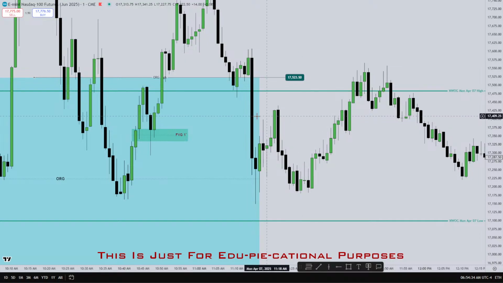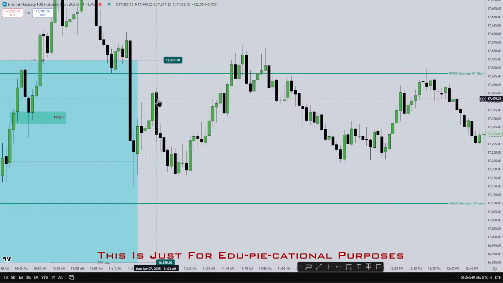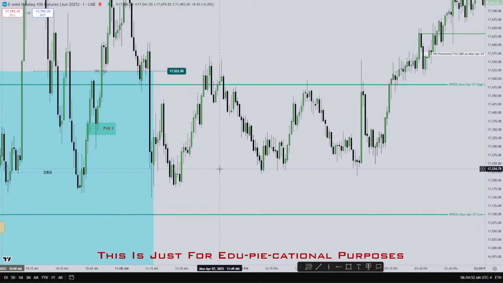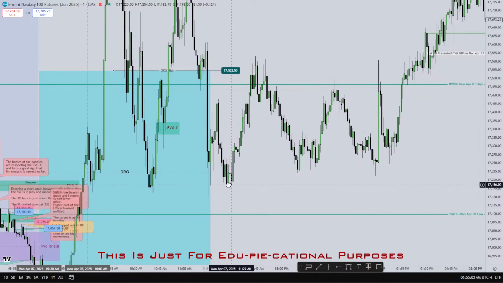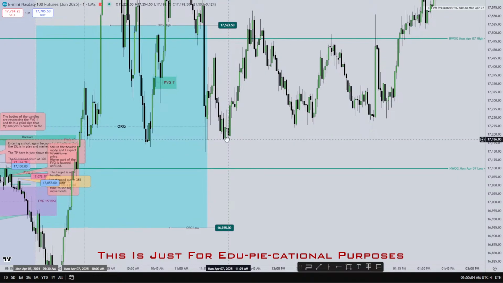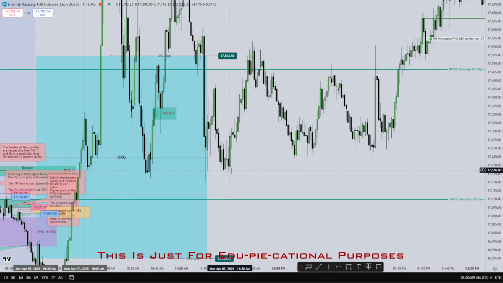Anyway, by 11 in the morning of yesterday, we are almost done for the morning session. As you know, around 11:30 to 1:30 is the lunchtime macro. 11:30 is starting here, and usually around this time the market is trying to reach to the side of the market that is not attacked, and most of the traders are in profit.